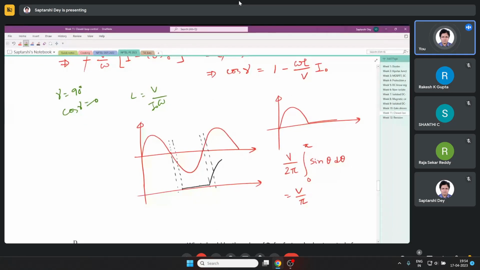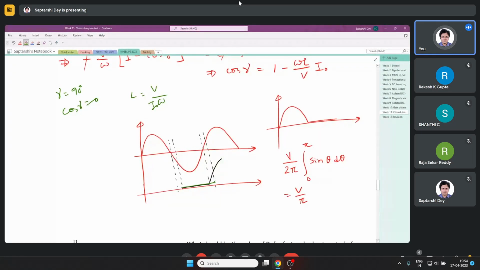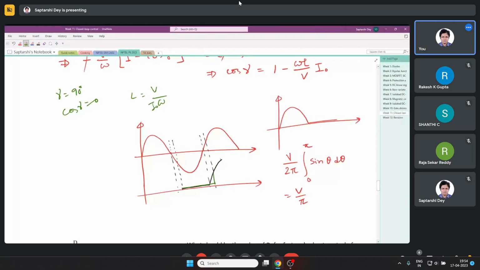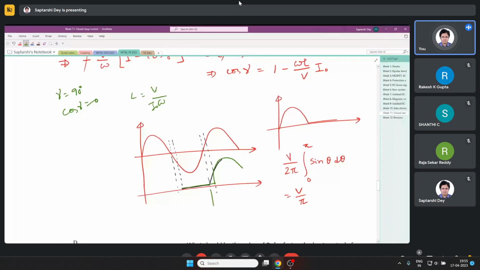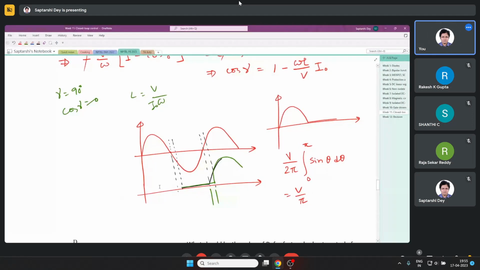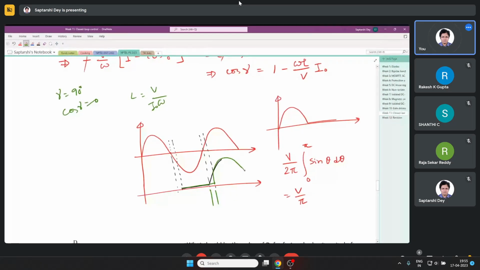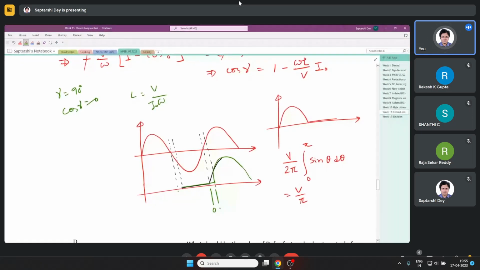Here also it is still 0. From somewhere here it is exactly following the source voltage. So I am losing some output voltage, that is clear. So what is my output voltage right now? Say I am taking my origin here. So 0 to gamma, there is no voltage at the output.